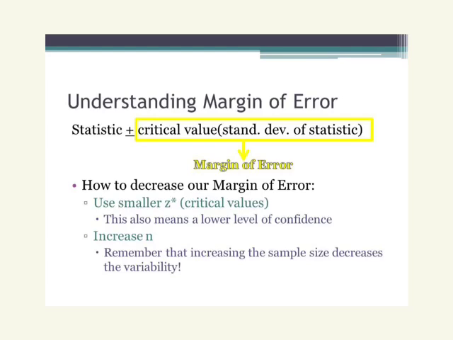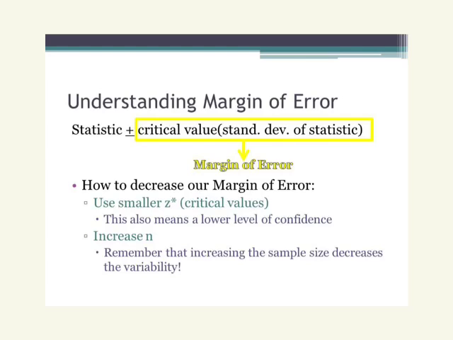And so when we think about how we can control that as a statistician, there's really only 2 things that we have control over. All right, we can determine what the critical value is. Now, what we have to understand is that if we use a smaller z-score, a smaller critical value, that's also going to mean a lower level of confidence. All right, so there's kind of a double-edged sword here. Low margin of error is good, but we don't want low confidence, okay?